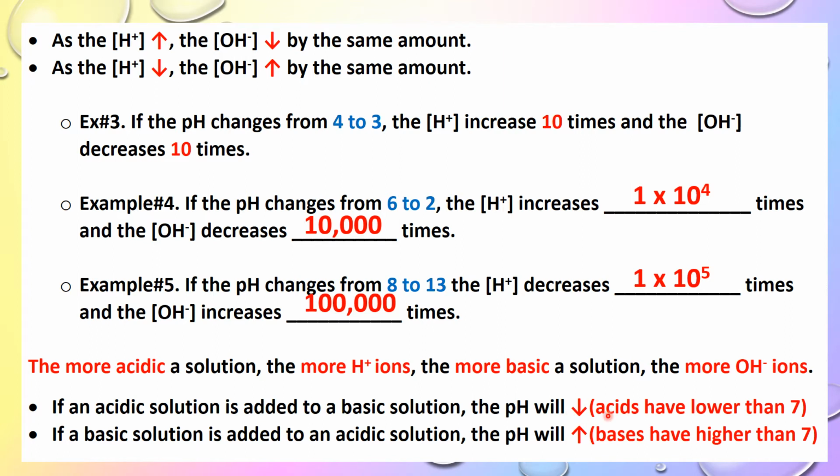Why does that happen? Because acids have a pH lower than 7. So if I'm adding more acid to a solution, the pH is going to go down. If I have a basic solution and I add it to the acidic solution, the pH is going to go up. Why? Because bases have pHs that are higher than a 7. So by adding more base to it, it's going to make the numbers go up.